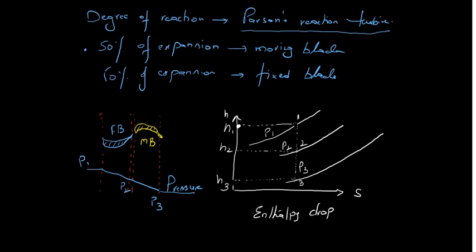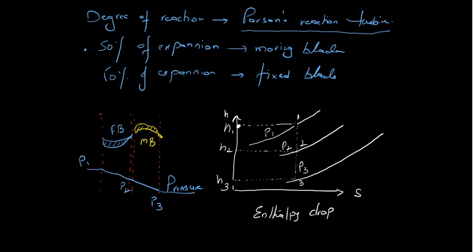Why are we trying to draw this enthalpy drop? The degree of reaction is defined in terms of the enthalpy drop over a moving blade in comparison to the total enthalpy drop in the entire stage, right? And from where to where is your pressure line over a moving blade?